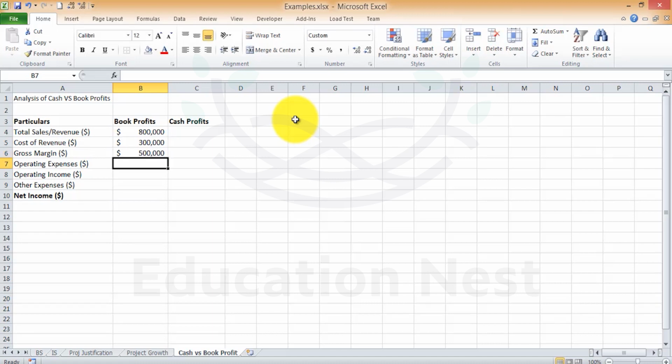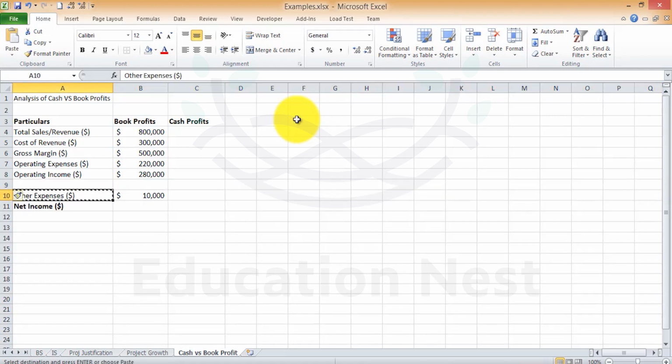Now, after the gross margin, you have operating expenses which were $220,000. Okay, so that gives you the operating income of $280,000, and then you have the other expenses of, let's say, $10,000 only. Okay, wait a second.